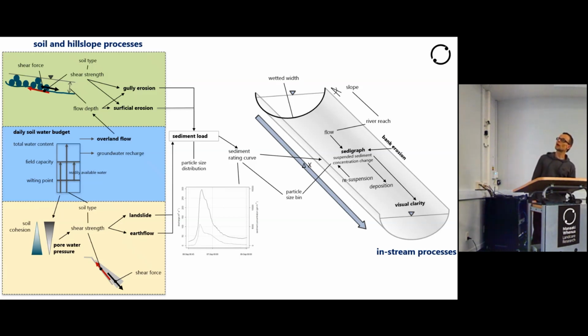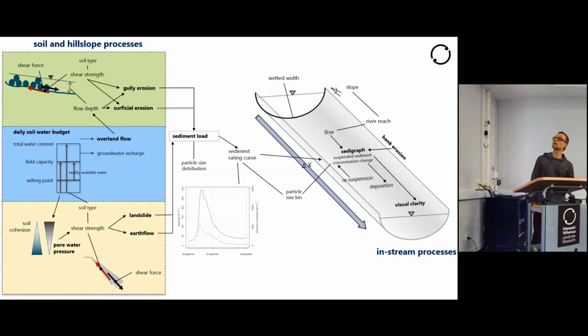And then it affects various processes. For example, it creates overland flow, and the depth creates a force on the soil that determines how much is eroded via superficial erosion.